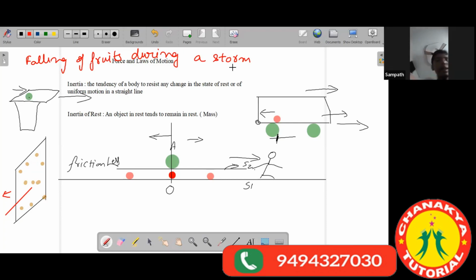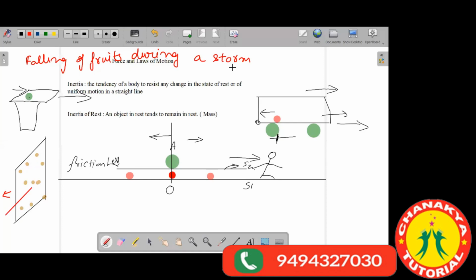Sir, when the branches are moving for a long time, wouldn't their inertia of rest change to inertia of motion? Wouldn't their rest be changing to motion? Yes, the branches are changing. Branches are stiff, also branches are bending. Branches can bend, so they have their inertia of motion.